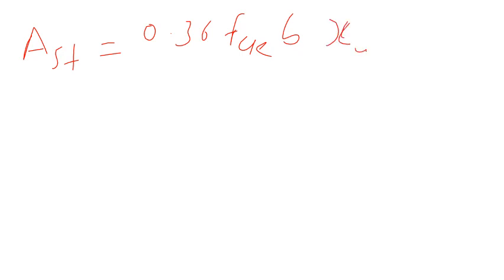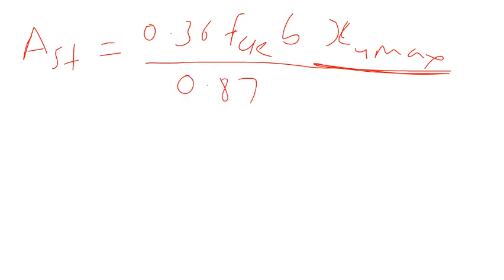So the formula for this AST will be equal to 0.36 FCK into B into XU max, divided by 0.87 FY. Here we require the XU max, so we need to find that out.